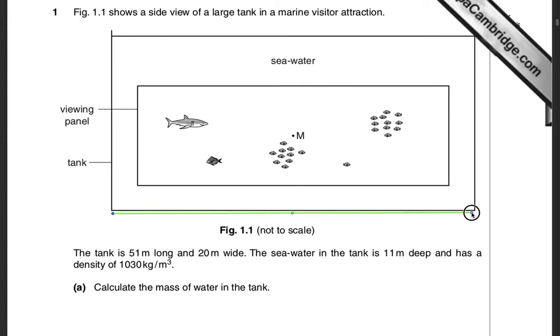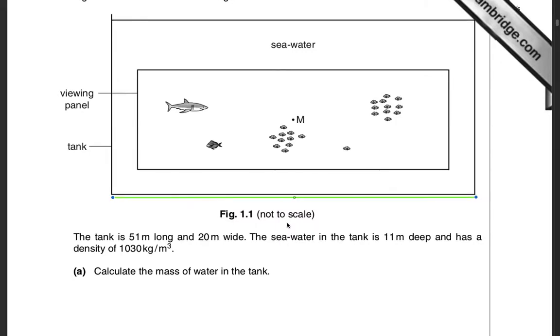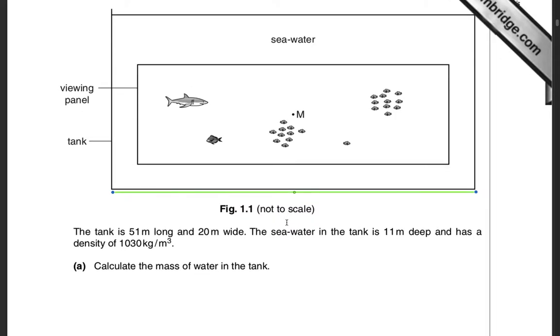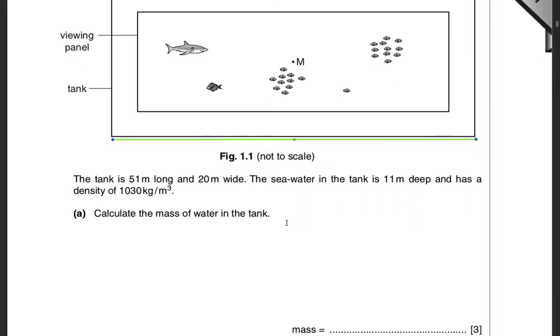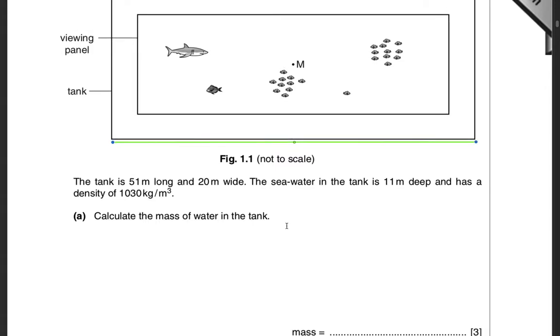And yeah, the first question is usually about velocity or density, and it's 20 meters wide. The seawater in the tank is 11 meters deep and has a density of 1030 kilograms per meter cubed. Calculate the mass of the water.